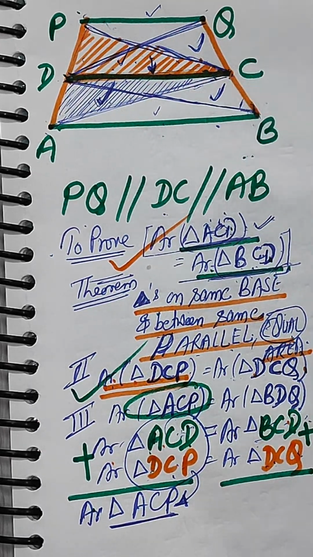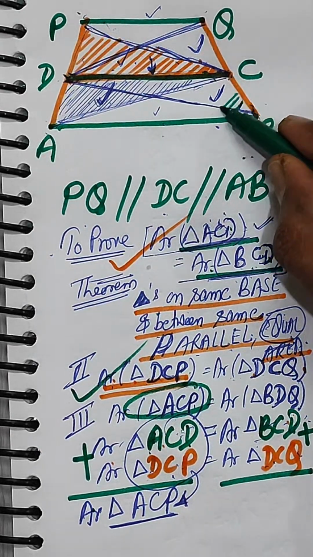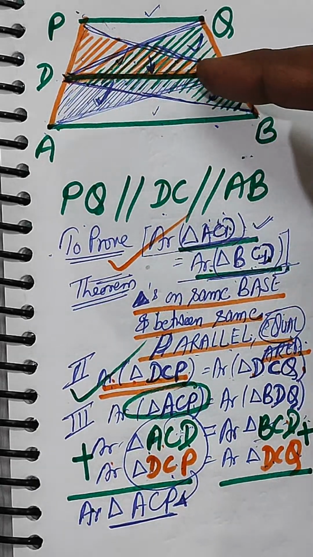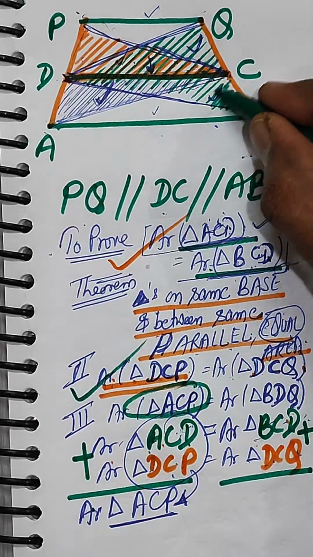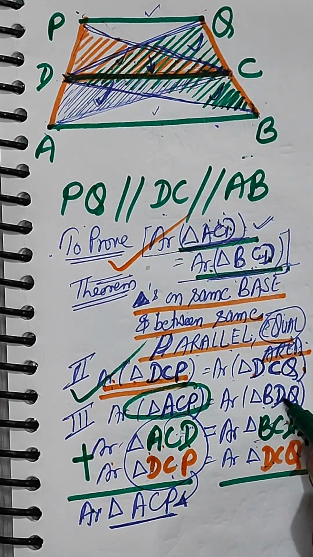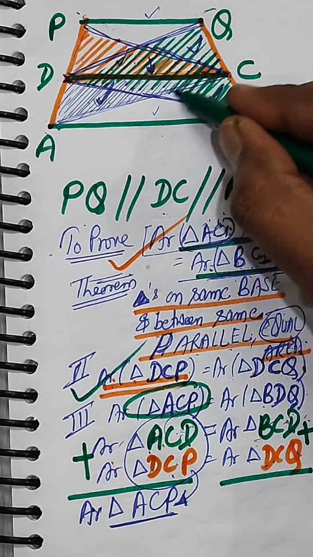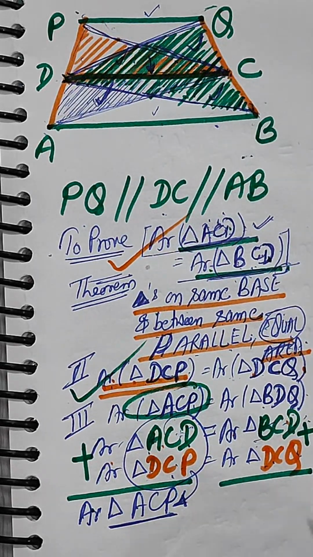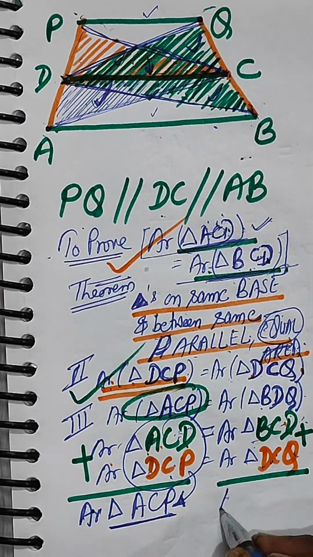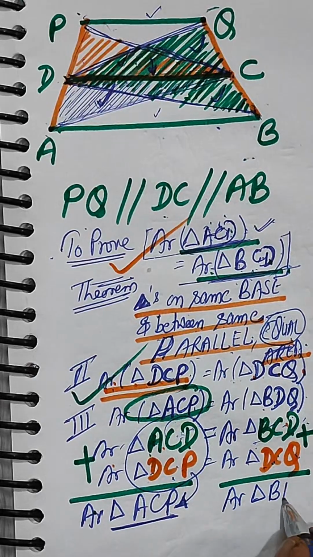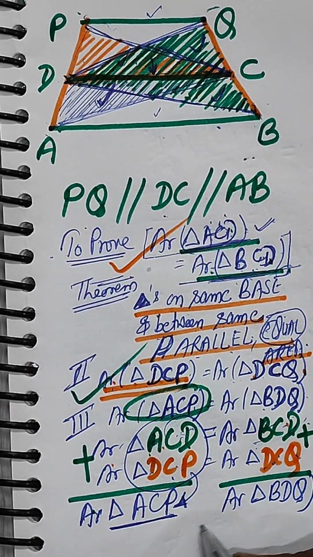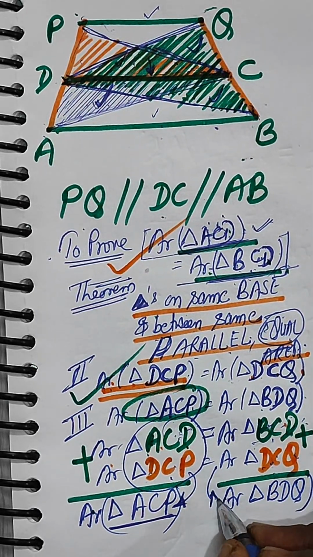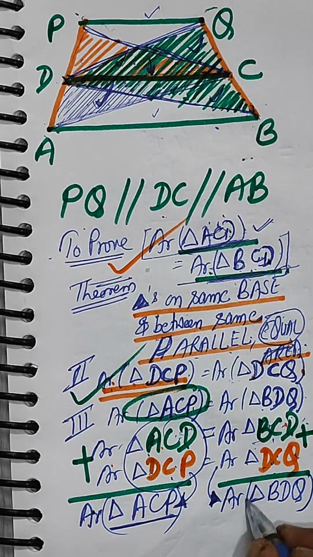So the triangle, this one, I am just shading it, the green one, is the triangle BDQ. So from here you can see on the RHS, both the triangles will add up and give you this triangle BDQ, right?